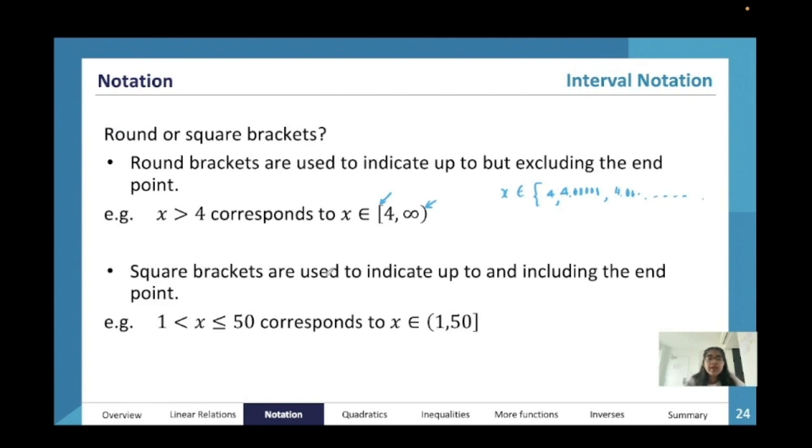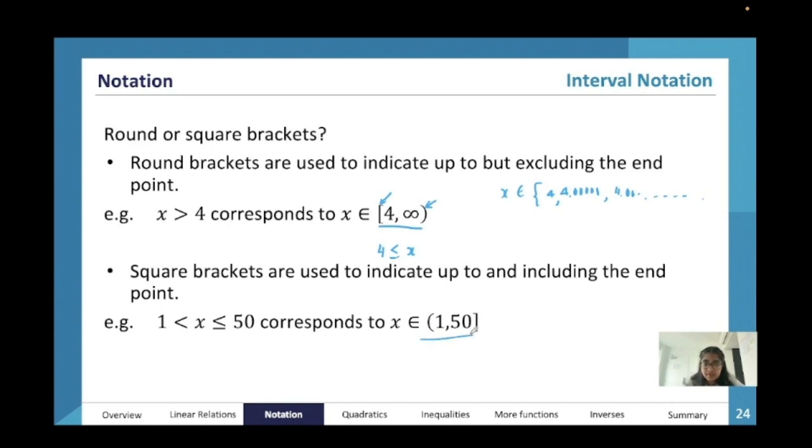Okay, so to make this easier to understand, I think it might be good to use the greater than or equal to signs just to show what's happening here. So what this means is x is greater than or equal to 4 and less than infinity. So basically, x is greater than or equal to 4.